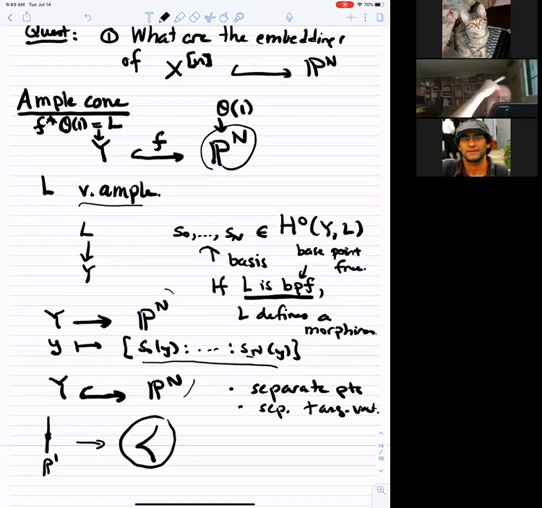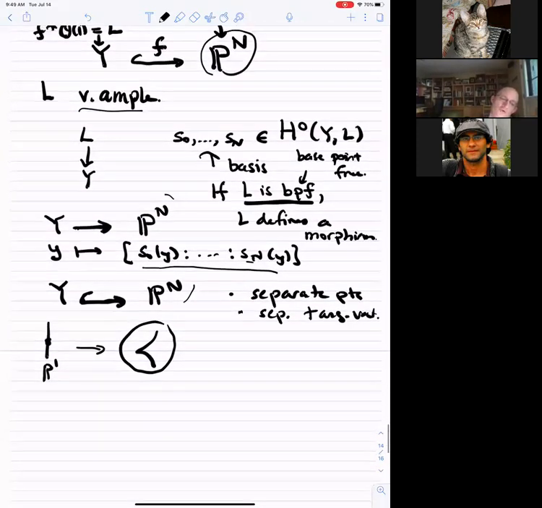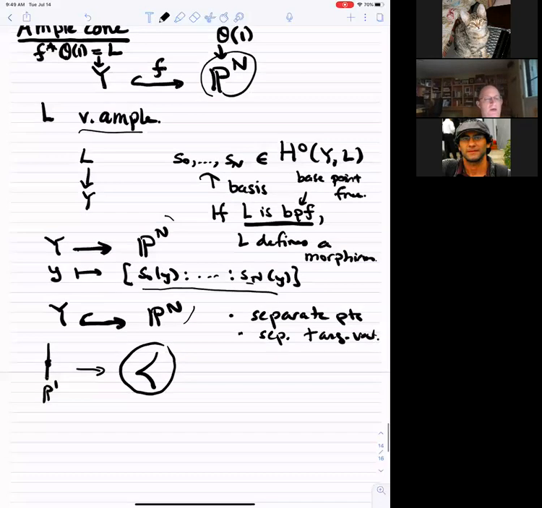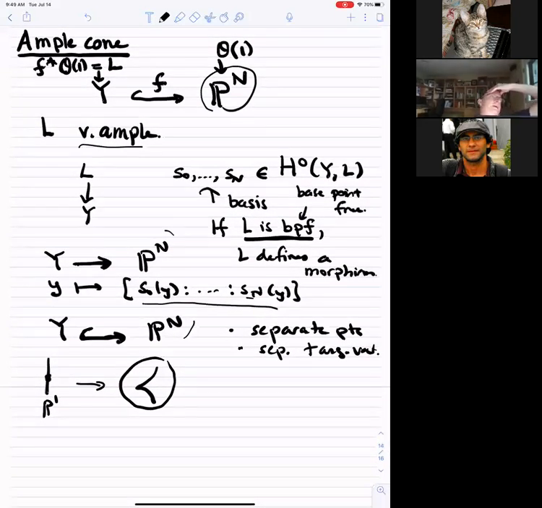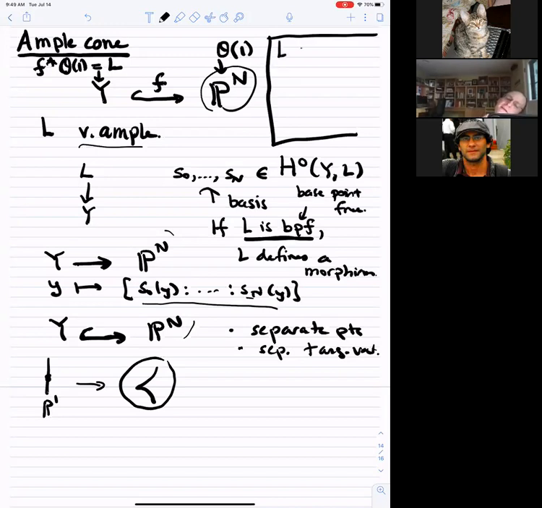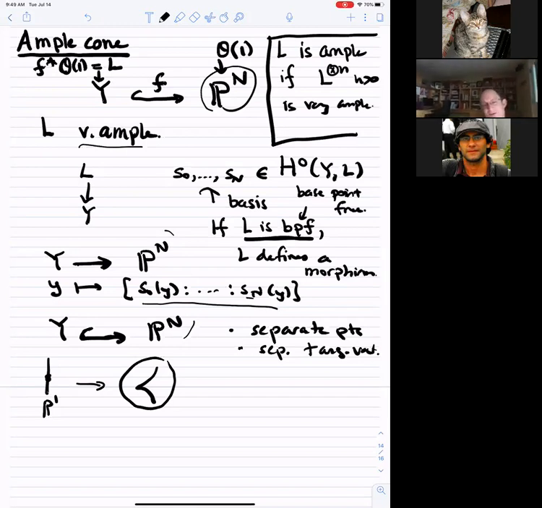And what is ample? It's very hard to work with very ampleness because it doesn't behave well under scaling and things like this. So you fix the problem by saying that L is ample if some tensor power is very ample, so that you don't deal with these scaling issues.